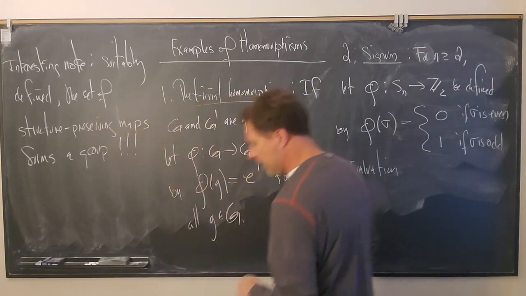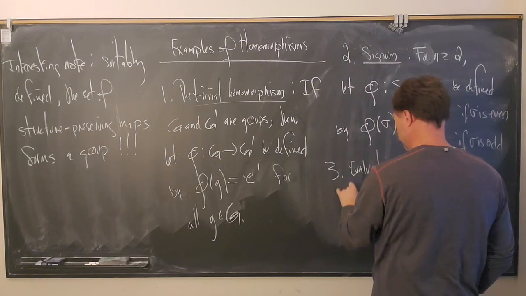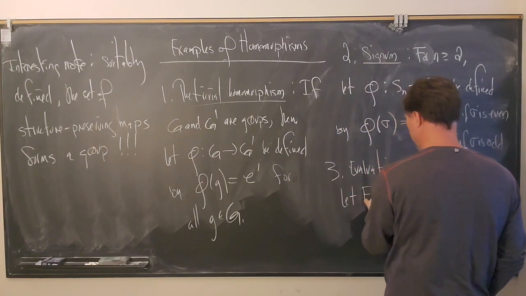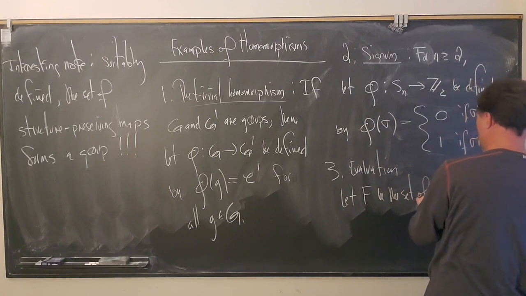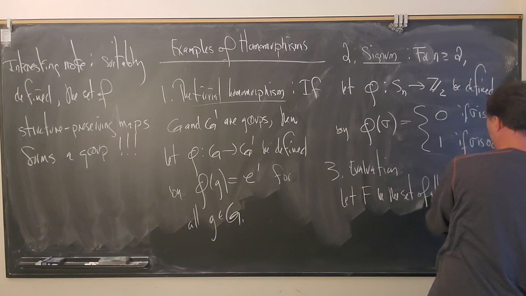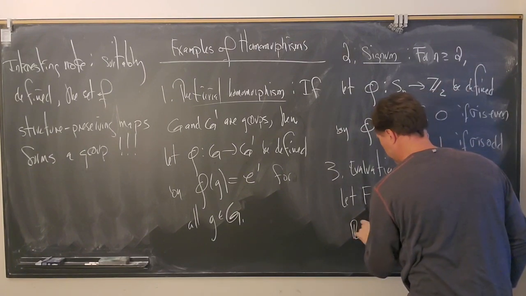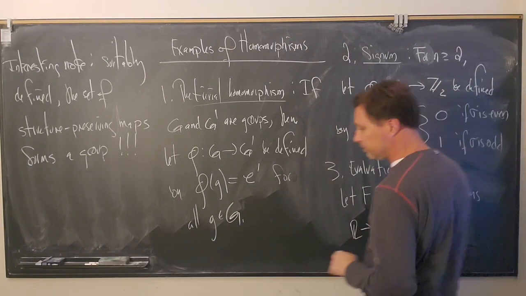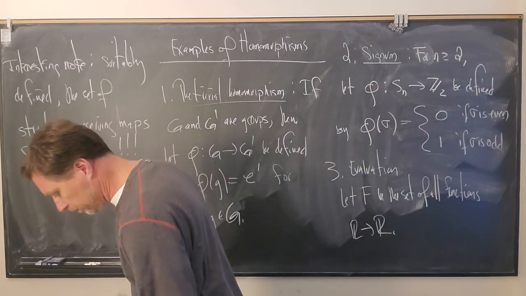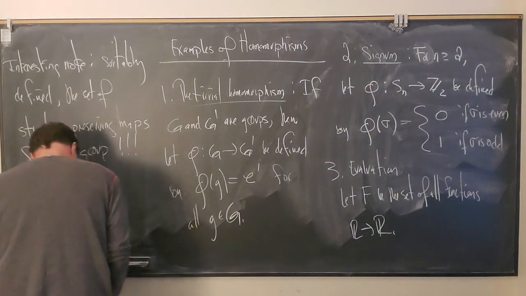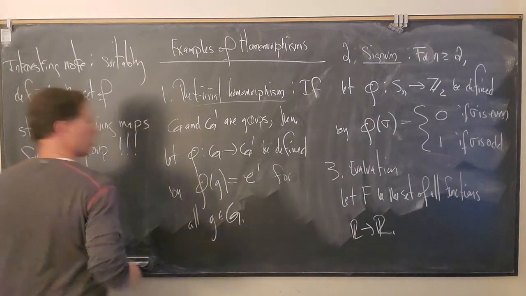So let's let F, capital F, be the set of all functions from R to R. Of course, now under function addition, it turns out that capital F is a group, so let's write that.